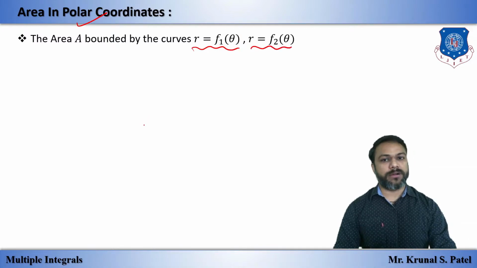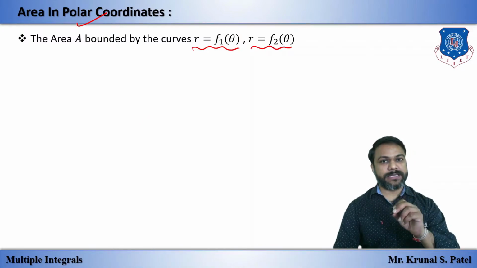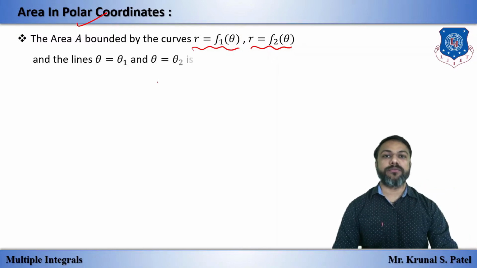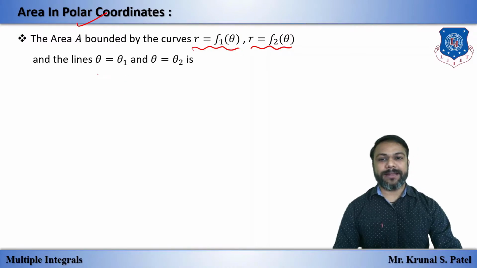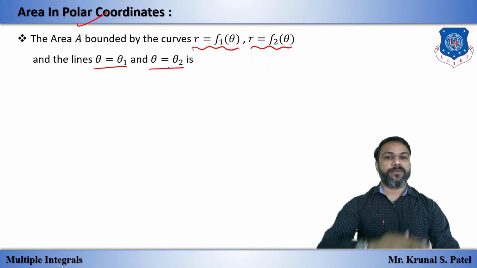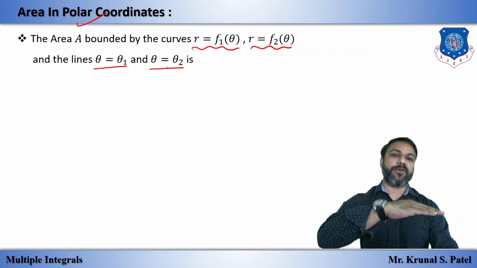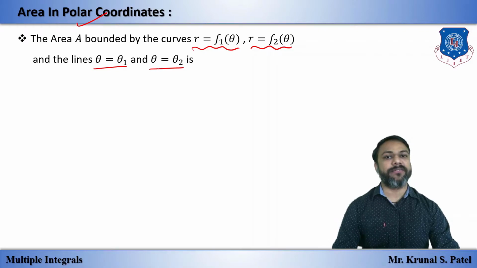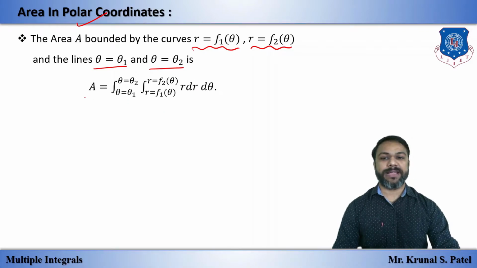We start with the origin, and if two curves are given it goes from curve to curve, and theta lies between theta 1 and theta 2, measured from the initial line, the positive x-axis. So we have area A equal to theta from theta 1 to theta 2 and r from f1 of theta to f2 of theta.